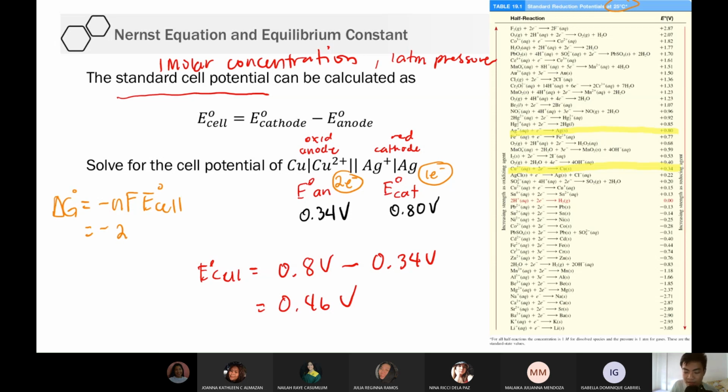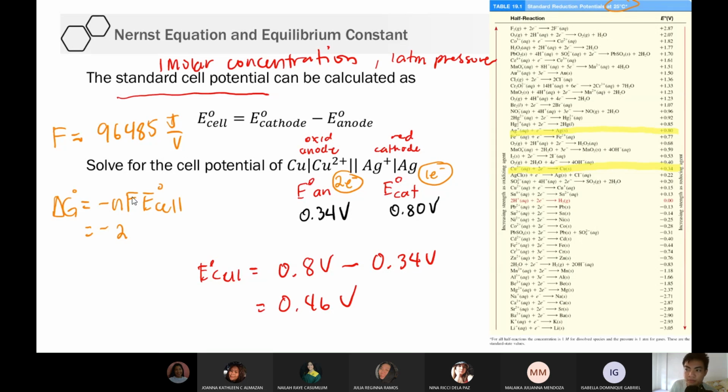What is F? F is Faraday's constant. Okay. So, what's the value of the Faraday's constant? That's, eto, bigay ko. Faraday's constant is 96485 coulombs. That's joule per volt. Yan yung unit na, joule per volt.